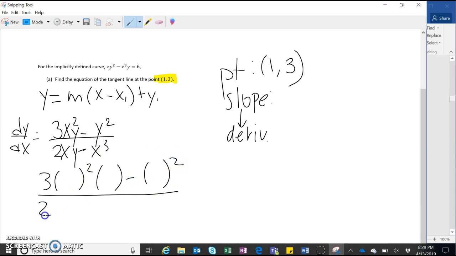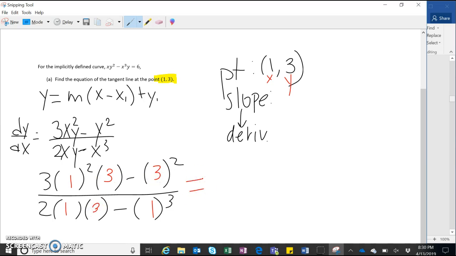Notice I'm putting a whole bunch of parentheses here, because what I want to do is drop in my x value of 1 everywhere I see an x, and a y value of 3 everywhere I see a y.